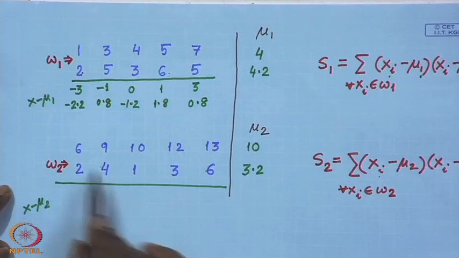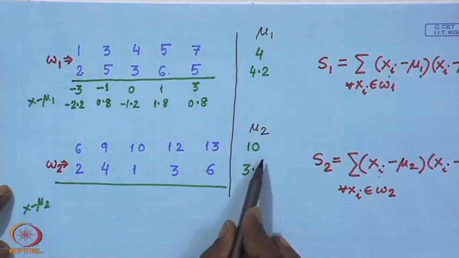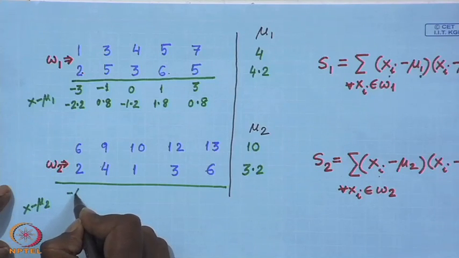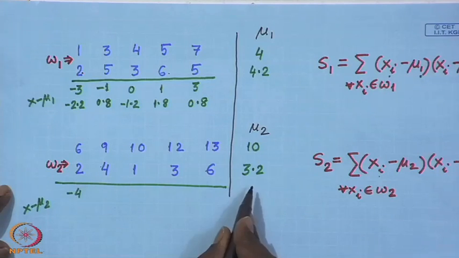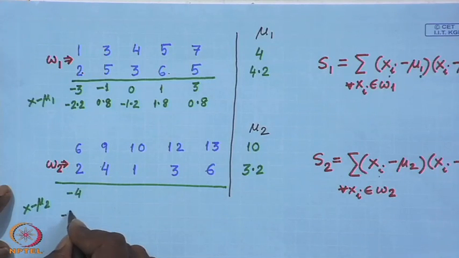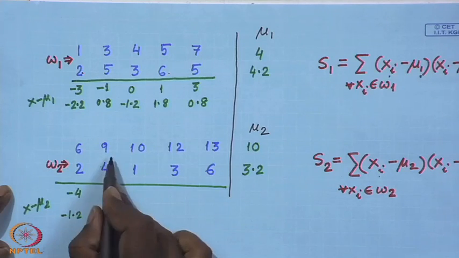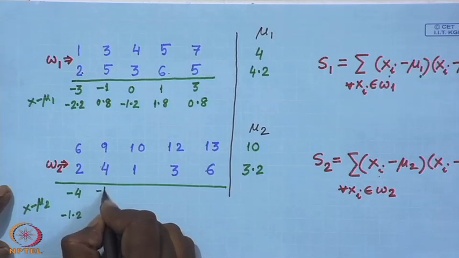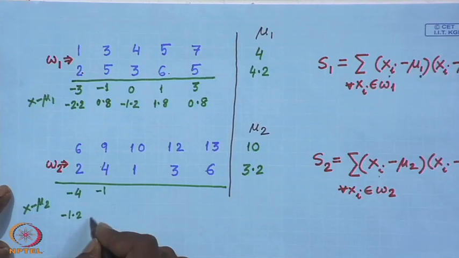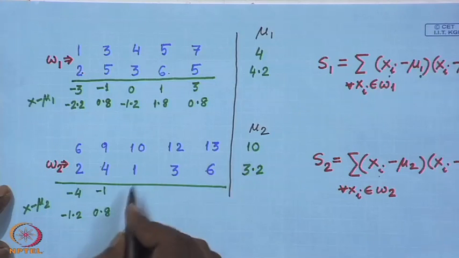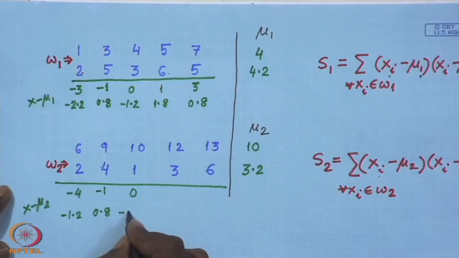The first one will be 6 minus 10, which is minus 4, 2 minus 3.2, which is minus 1.2. 9 minus 10, which will be minus 1, 4 minus 3.2 is 0.8. 10 minus 10, it will be 0, 1 minus 3.2, it will be minus 2.2.